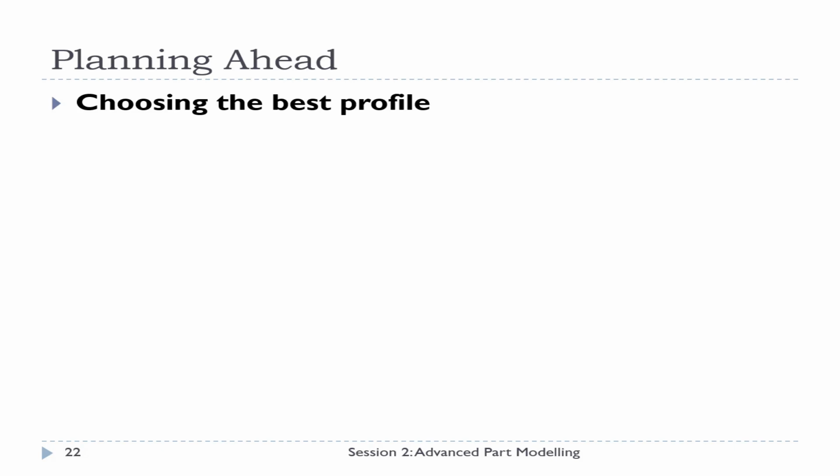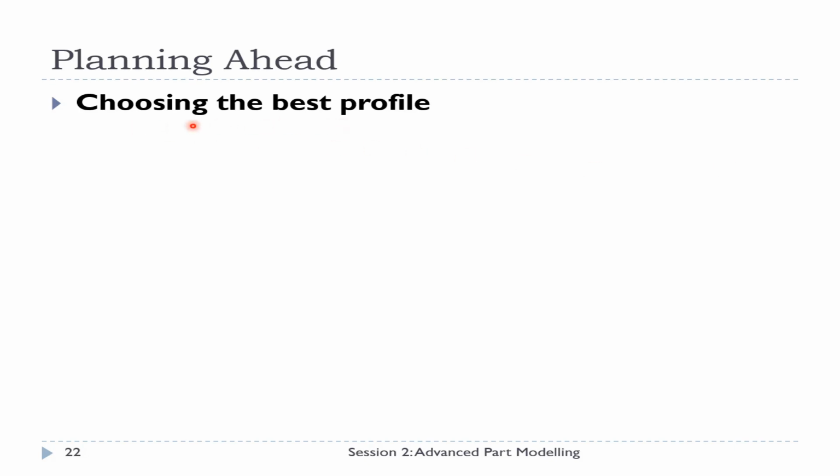So let's talk about part planning. Earlier in the last session, we said that every time when we are making a part, we should plan ahead. So let's see what steps that we need to take to plan ahead.